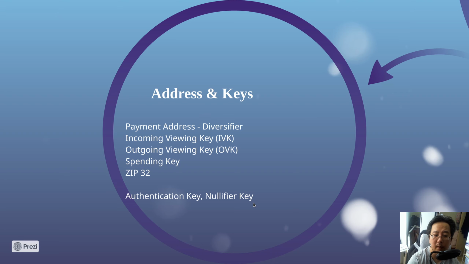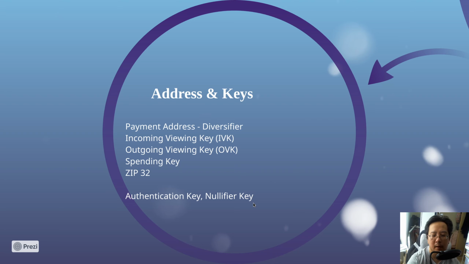Actually, it's from the same incoming viewing key. So you don't have to keep track of different accounts just because you want to have different addresses. The people who are going to pay you, even though they will have different addresses, it's going to be the same account behind, essentially, but they will not have a way to know that this is the same person behind all these addresses.